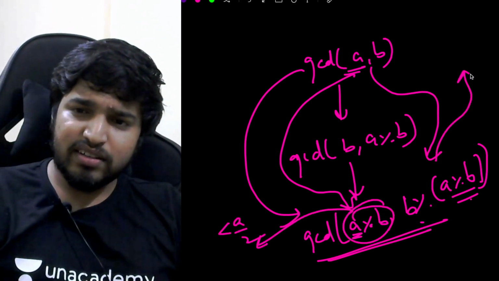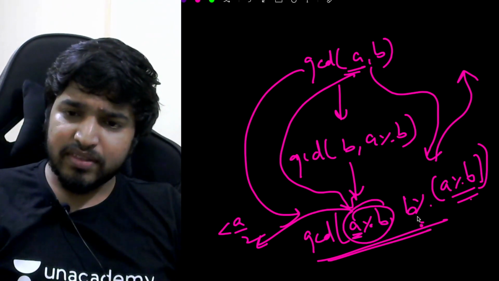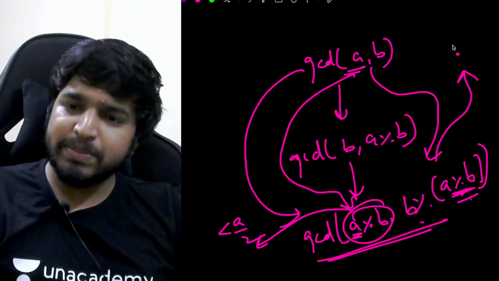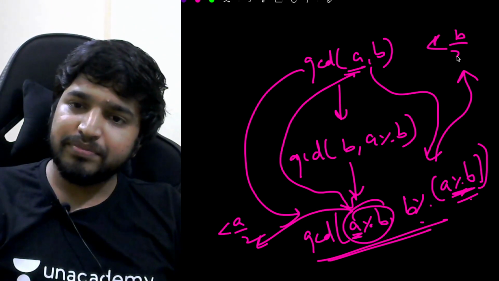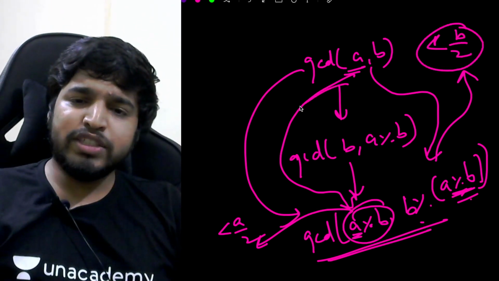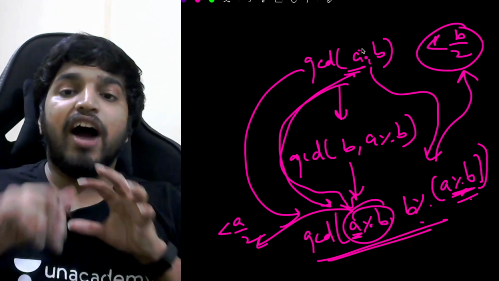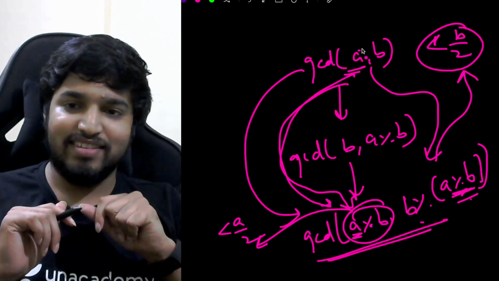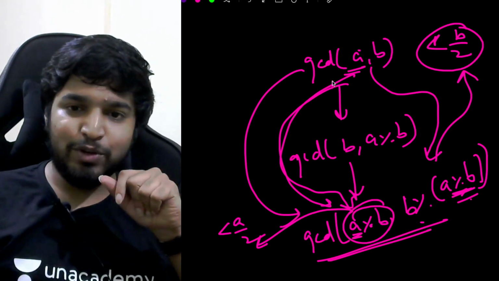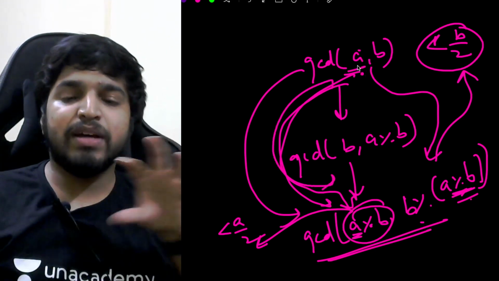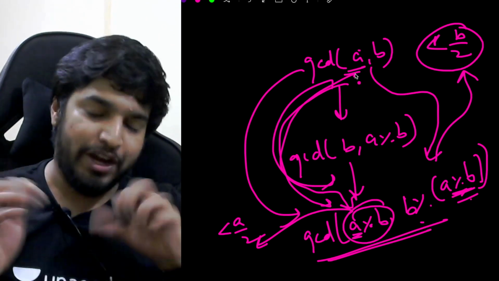And this part, we know that B is greater than A modulo B. So this part also became less than B by 2. So after 2 steps, the parameters are getting halved or lesser even. So after 2 steps, A is becoming less than half, B is also becoming less than half of what it was.